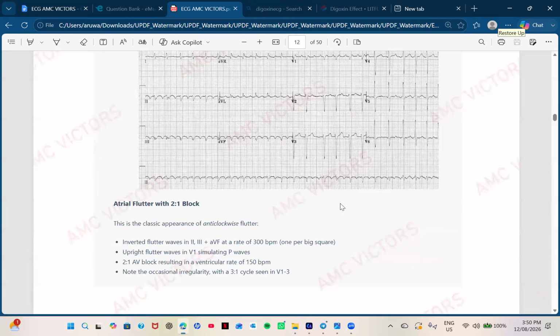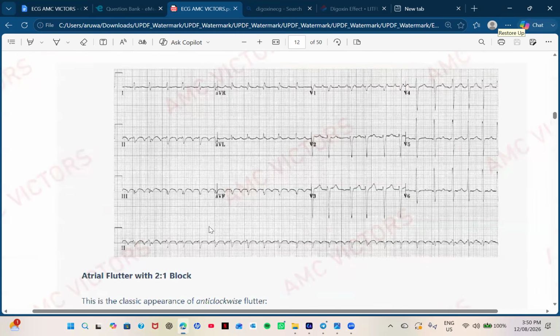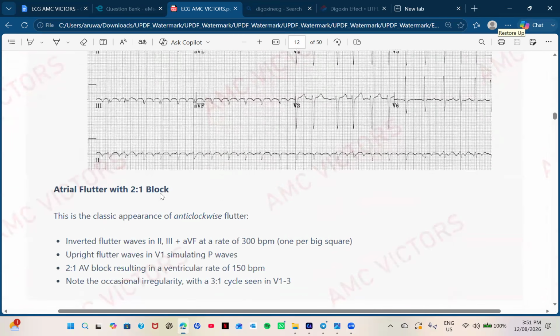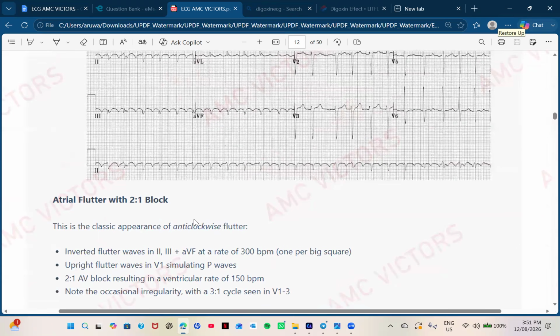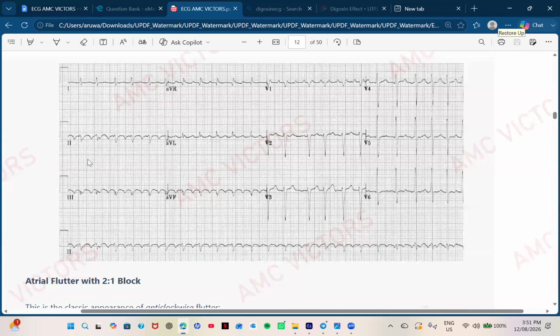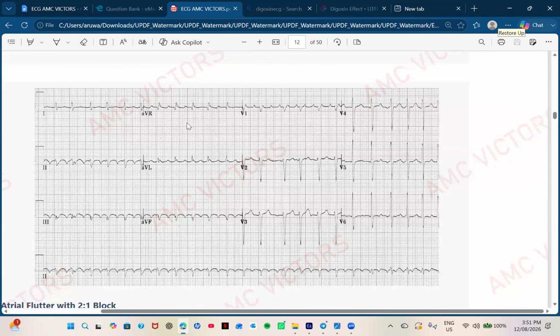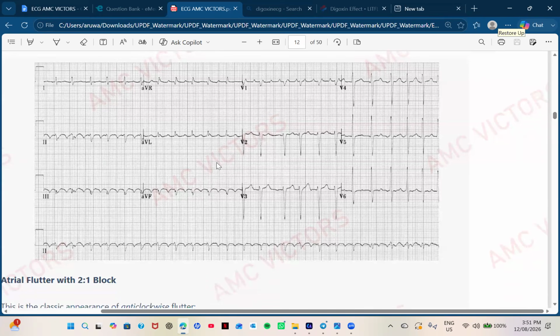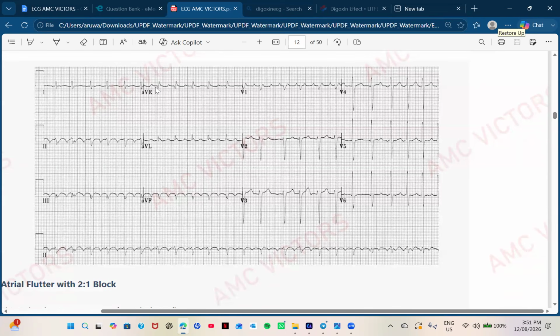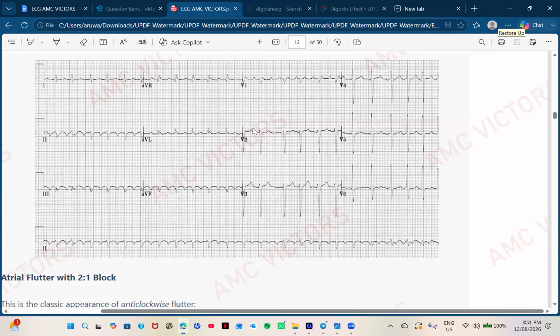Here also flutter. What type of flutter can you see here? Here they are giving the 2 to 1 block. Can we see 1, 2, then here 1, 2? It's not very clear, but here 1, 2, like that.